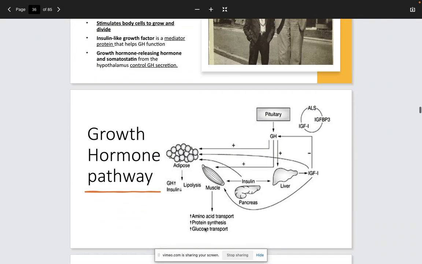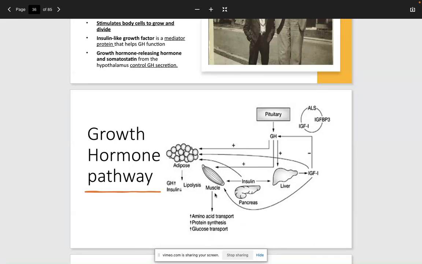Here's a picture of the growth hormone pathway. This shows the pituitary gland releasing growth hormone. Growth hormone then goes to the liver and produces something called insulin-like growth factor, or IGF-1. It also goes to different areas here, causing the muscle to grow. It goes within fat, and it causes fat to break down.